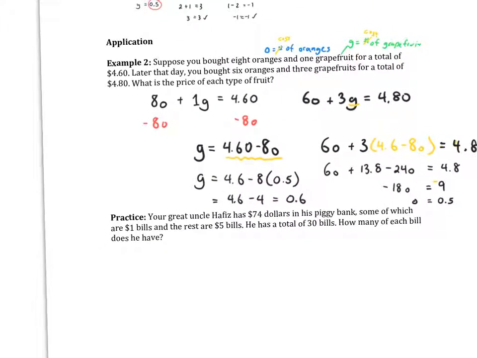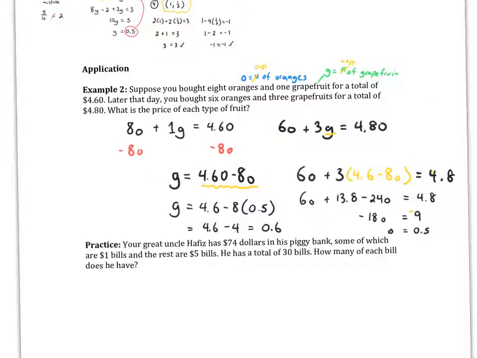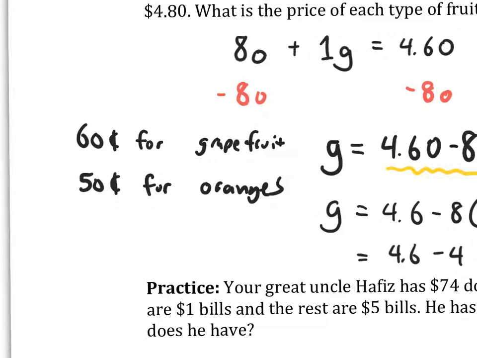So I'm claiming that this is the deal, that it costs 60 cents for grapefruit and 50 cents for oranges. So after I plug things into my calculator and I verified it, this is true per orange or per grapefruit.